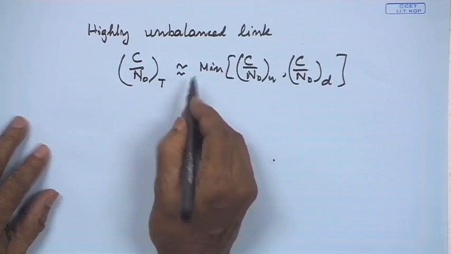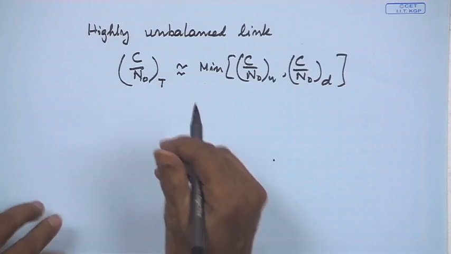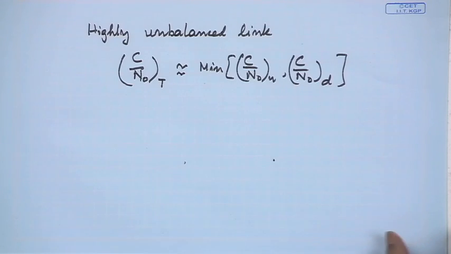Out of that, whichever is minimum, it will be approximately. There you can always use a thumb rule to do this type of calculation.